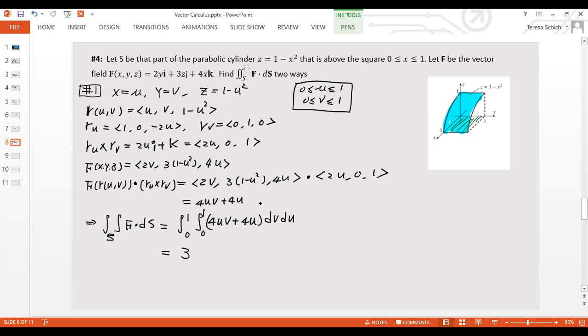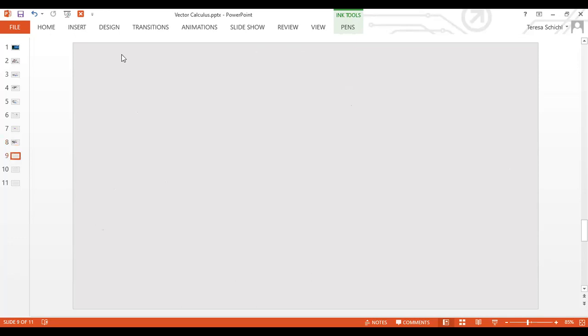It's good. Now let's say we can do it two ways, because here the surface is a scalar function. You can say z is equal to 1 minus x squared. So z is a function of x and y. Let's take a look at how I do this one.